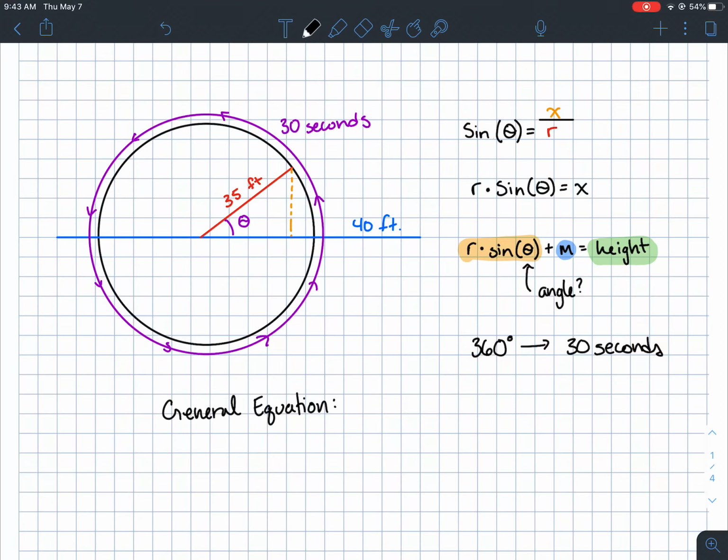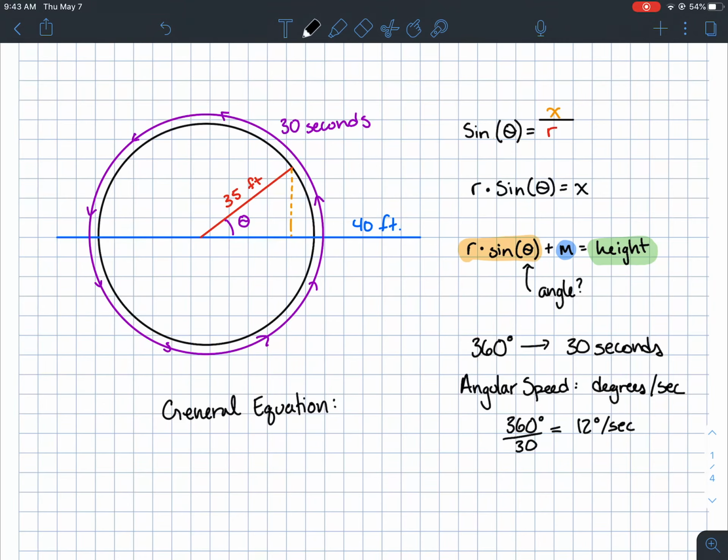If we know that it's going to go 360 degrees every 30 seconds, we can figure out what's called our angular speed. Our angular speed is essentially just saying how many degrees we go for every second. So in this case, we go 360 degrees every 30 seconds, which gives us 12 degrees every second.